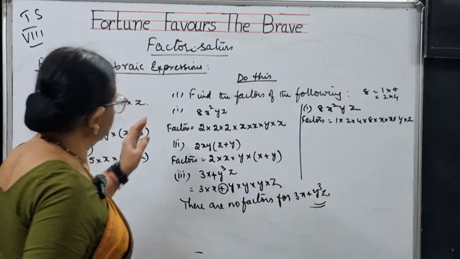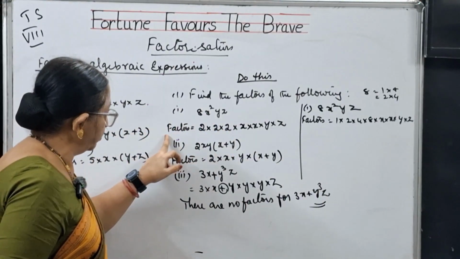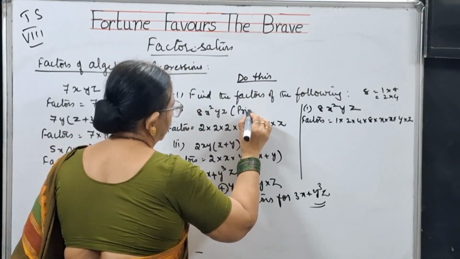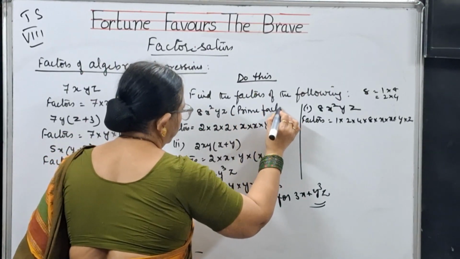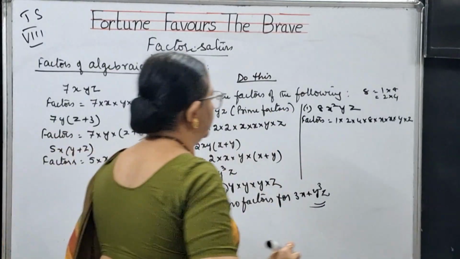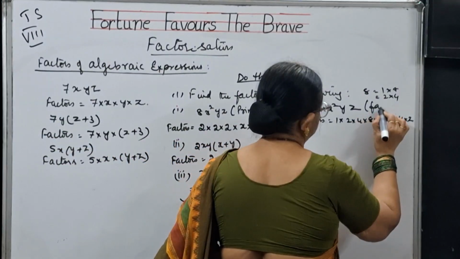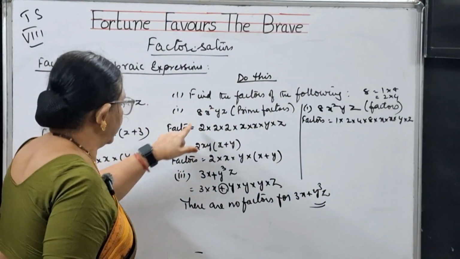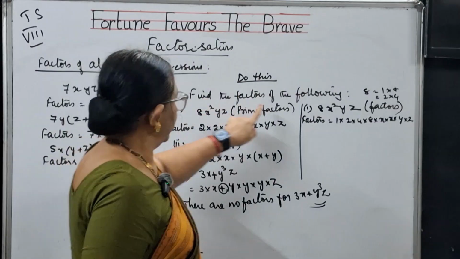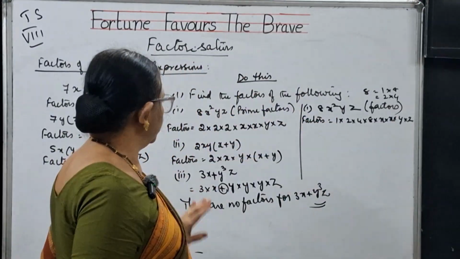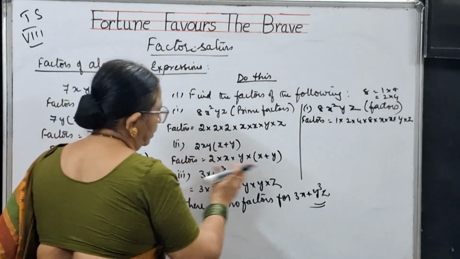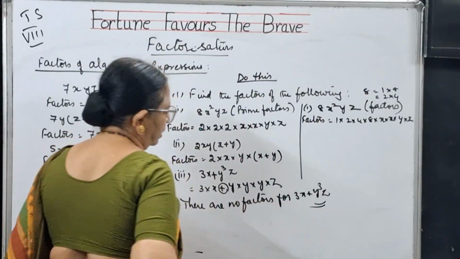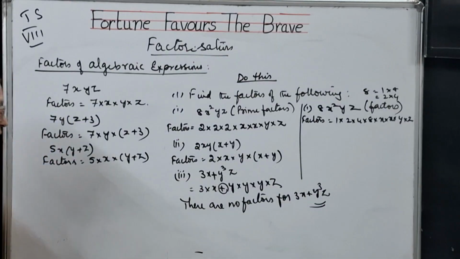This is for prime factorization, when I am talking about prime factors, and this is for only factors. So in case this problem is asked to find the prime factors, write it like this. For just the factors, you write it like this. Both ways I said. And there is no difference for the other parts, because 2 itself is a prime number and here there are no factors. Please note it down, children.